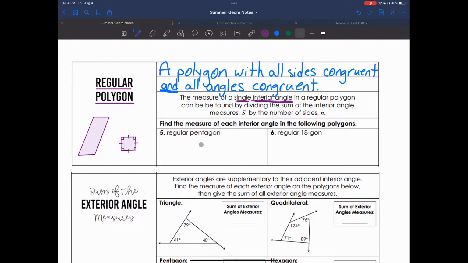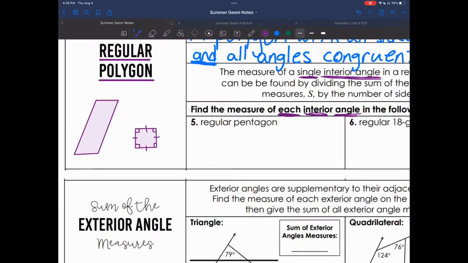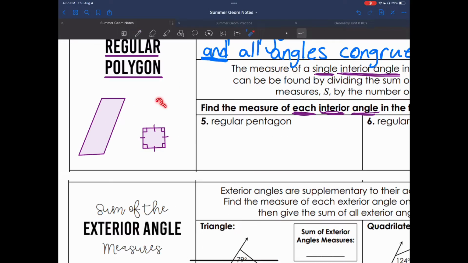Now they want you to find the measure of just one of them, each interior angle, okay? If it's a regular figure, you can take the sum total. For a quadrilateral, the sum total is 360 degrees. If I just divide that by 4, because there's 4 sides and also 4 angles, that'll give me 90 degrees, which would be exactly each angle measure.